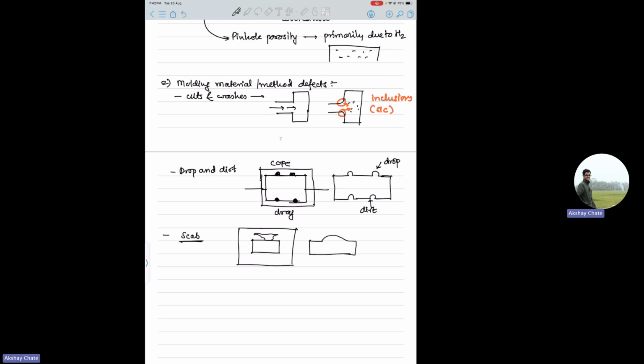Sometimes if there is a lot of splashing etc., then this kind of scab can also happen.